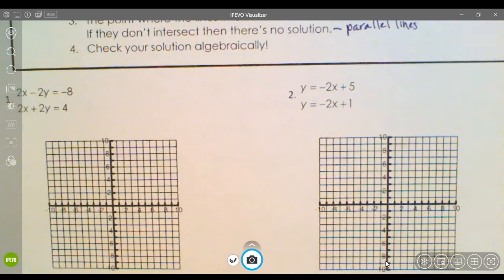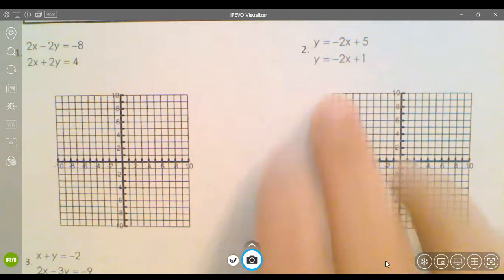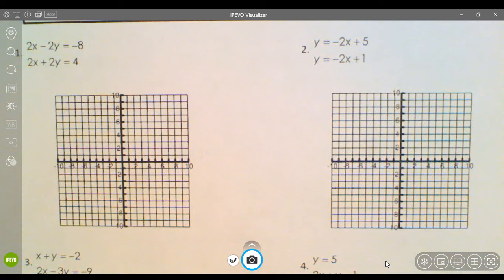So if you notice here, right now only one of these appears to be in slope-intercept form, and it's this one. So I think I'd like to do this one first. So I have to go into a little bit of a discussion, so y'all bear with me.